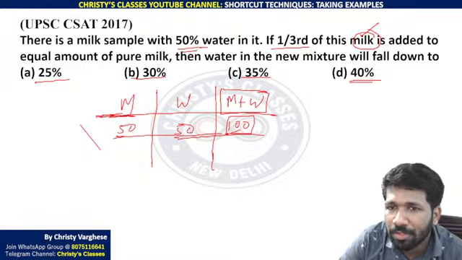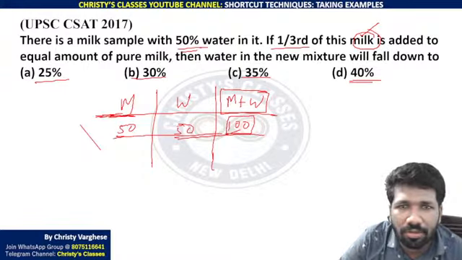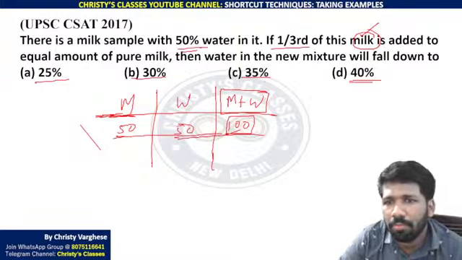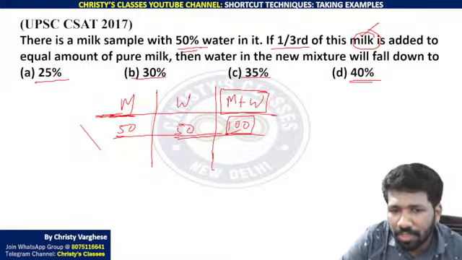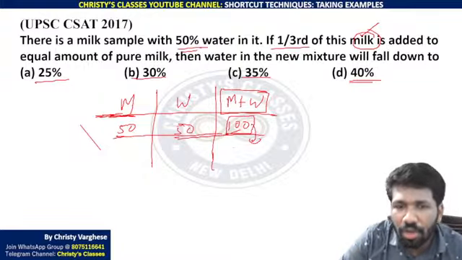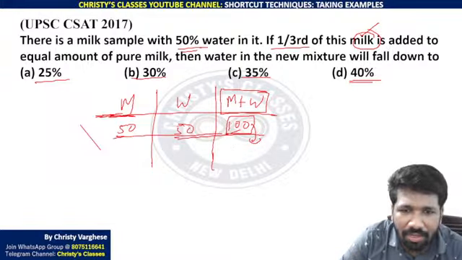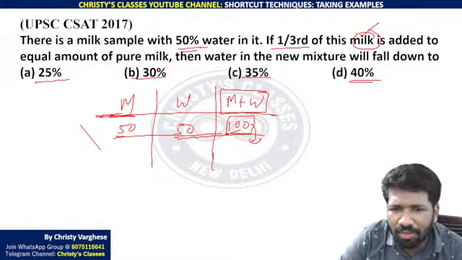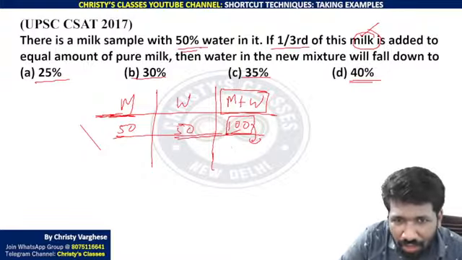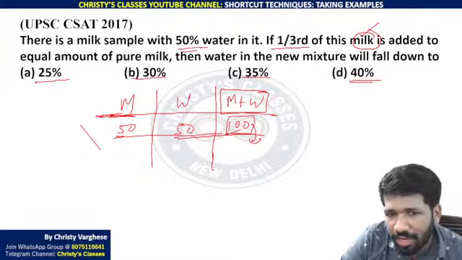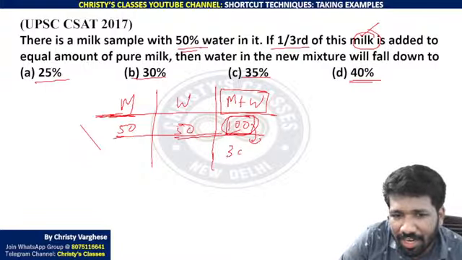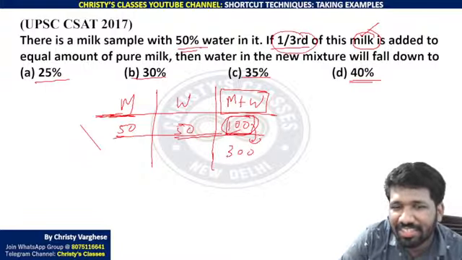This is there now. So 1/3 of the milk is added to equal amount of pure milk. If 1/3 of this milk means 1/3 of 100, that is 33. Okay, here actually, taking example 100, there is a problem. When you take 100, you get 33.33. That is okay. But if you want to avoid this problem, instead of taking 100, you take 300, so that taking 1/3 is easier.